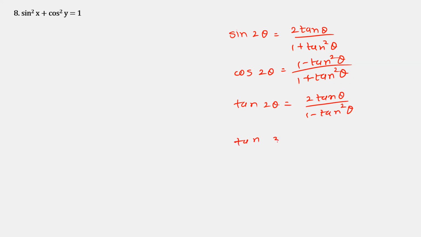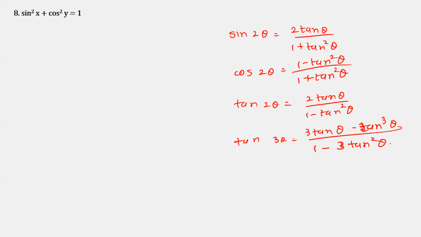Tan 3 theta is equal to 3 tan theta minus tan cube theta upon 1 minus 3 tan square theta. I think it is now enough. If it is required, these will be useful. Okay. So now you can see that.